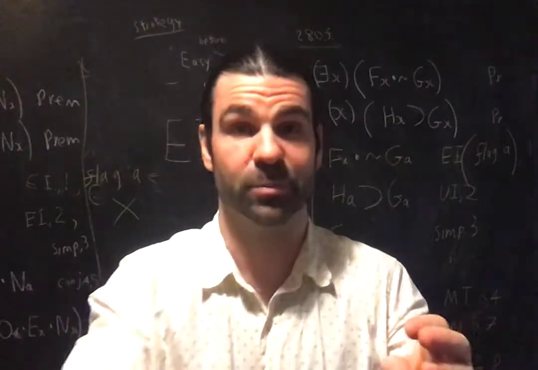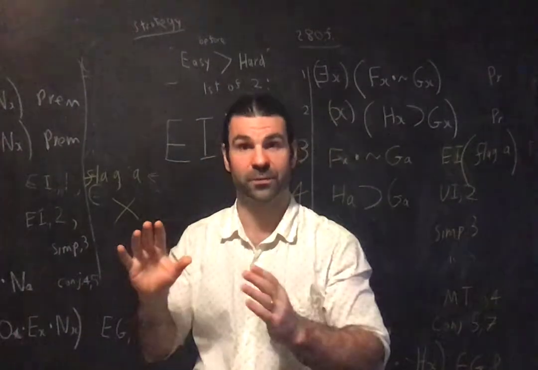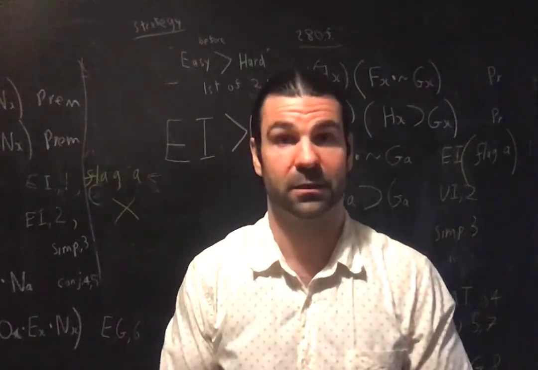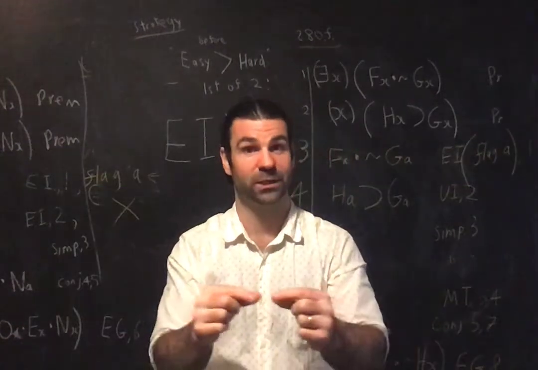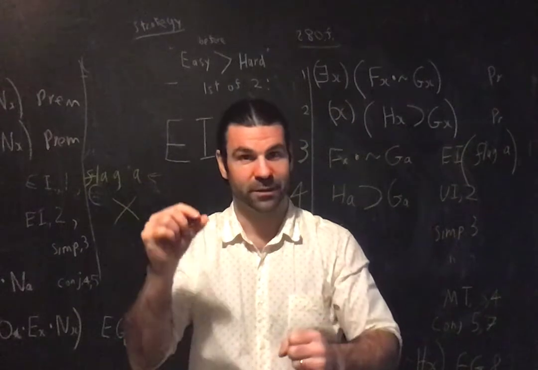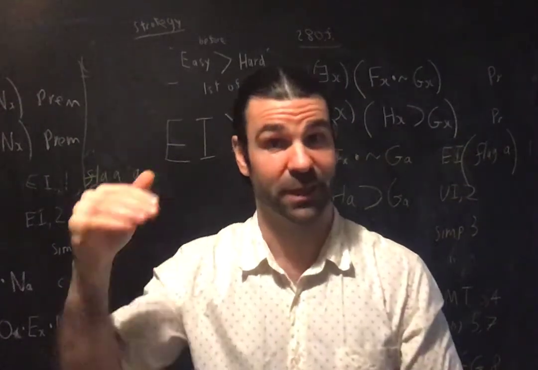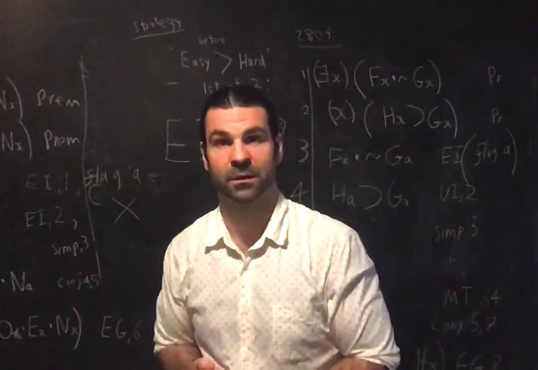That's the crucial inference you must make from the fact that UI is unrestricted. You can still do universal instantiations to the letter A even when A has been flagged in a previous step.